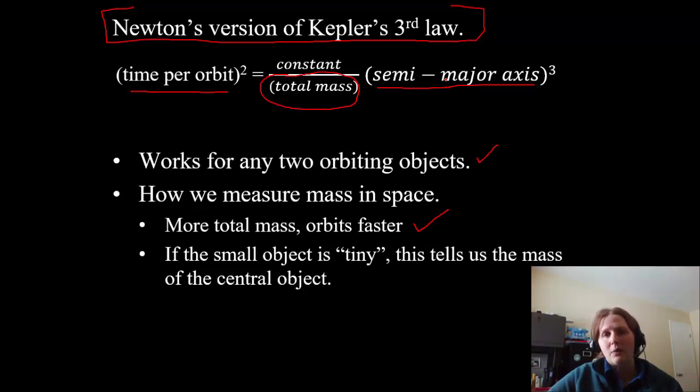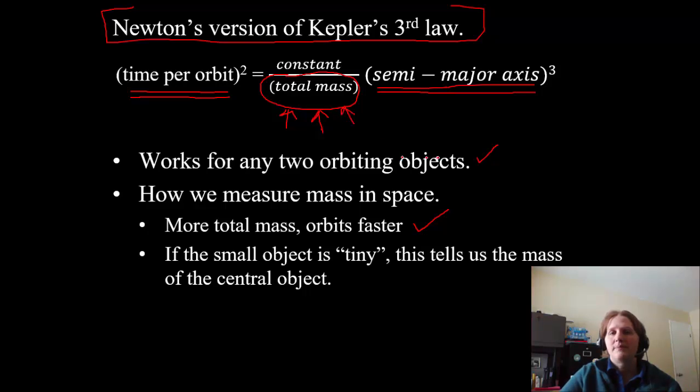So usually how we do it is we look up into space and find an orbit, and we study the semi-major axis, we observe that, and we can observe how long an orbit takes out in space. And if you can find those two things, it lets you, with algebra, calculate the total mass of those two objects.